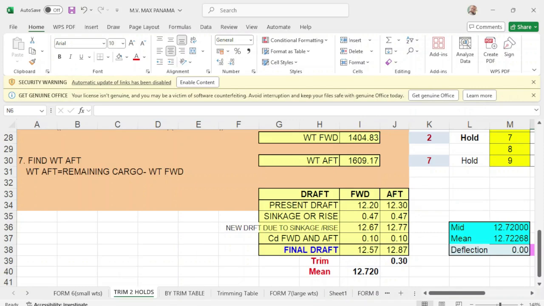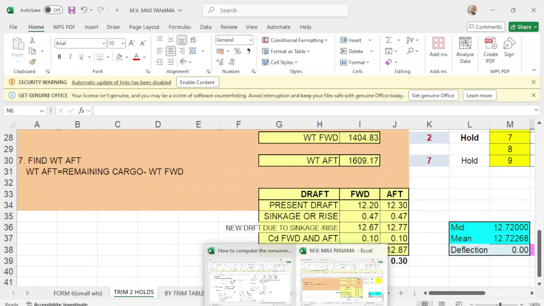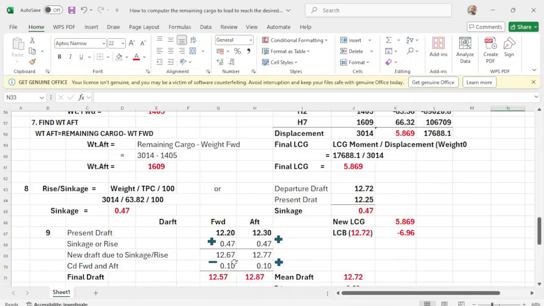Okay, sinkage. The sinkage is 0.47. Why sinkage? To get the sinkage, it is weight over TPC times 100. So what is your weight? It is 3014.